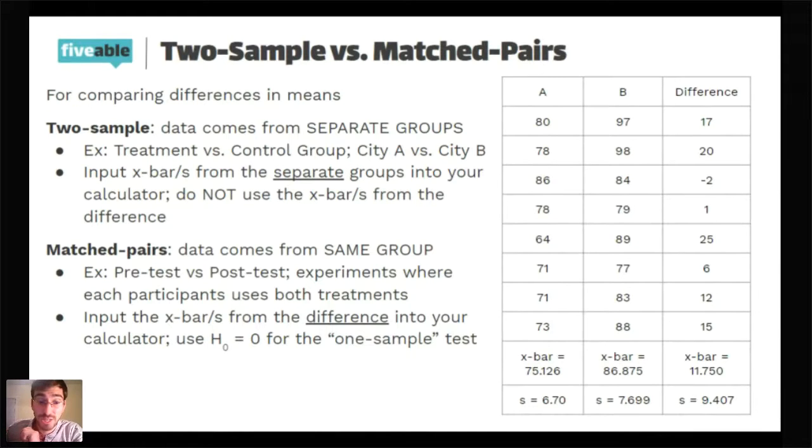In 2014, the AP scenario was about people buying cars. And the data came from 10 different car models. And there were 2 groups for each car model: a group of men and a group of women. And then we compared, did men and women spend different amounts of money on those specific cars?